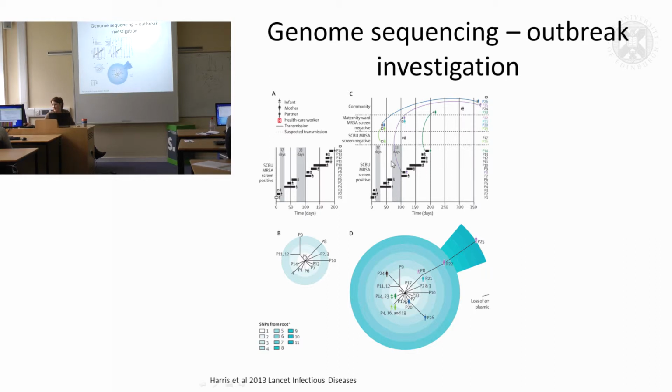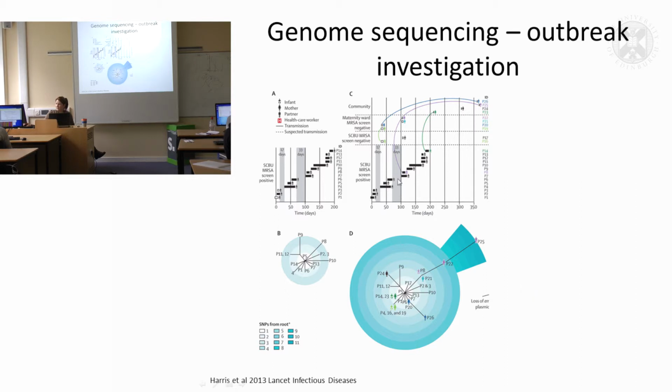So you can actually trace these transmission events. So in terms of the number of SNPs, if you look here, you've got P8, which is this purpley coloured baby here, and then that's the baby's mother, and then that's the partner of the mother. You can see this transmission, and if you look at it on a phylogenetic tree, you can see that they're quite clearly connected. You can see these transmission events by the colour, and they correspond to this.